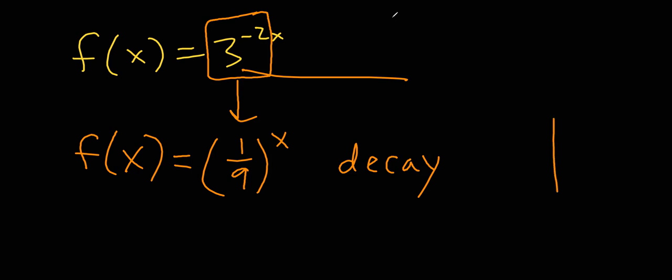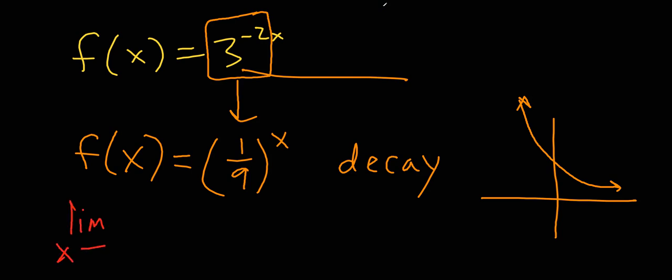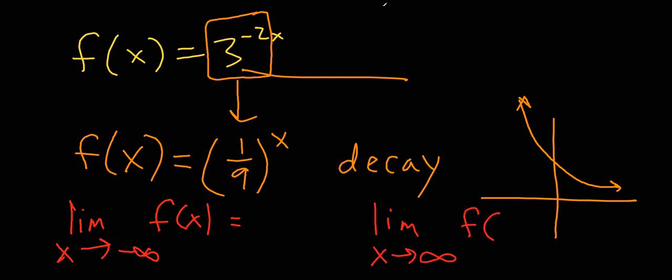End behavior. So what does exponential decay look like? Well, everybody should know what exponential decay looks like. We don't need a grapher. I just need to basically identify, what's my limit as x approaches negative infinity of f of x? And then what's my limit as x approaches positive infinity of f of x?